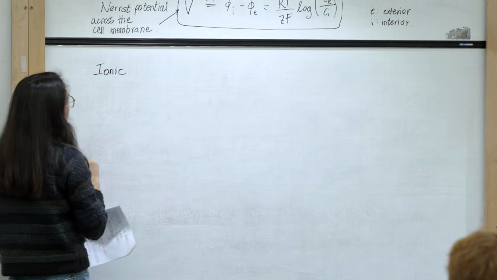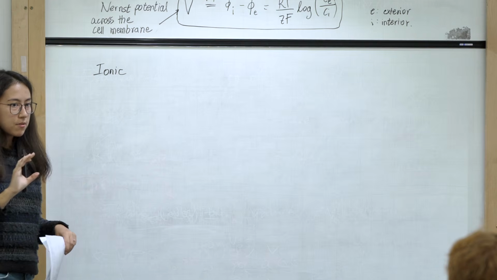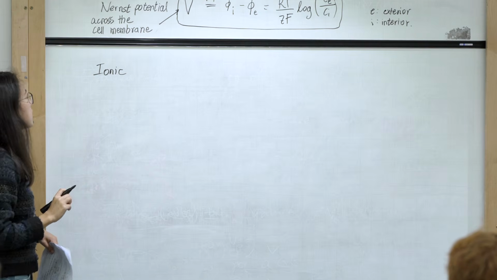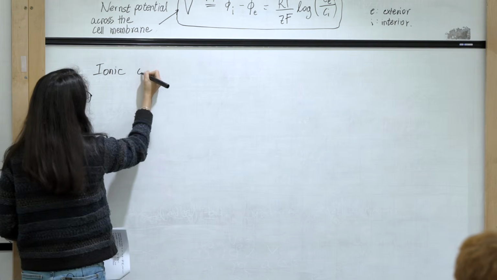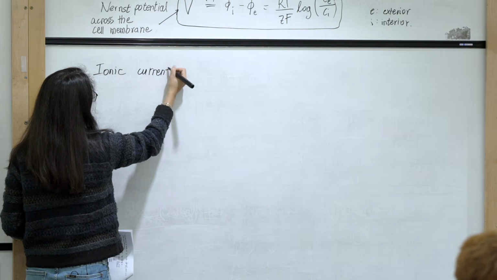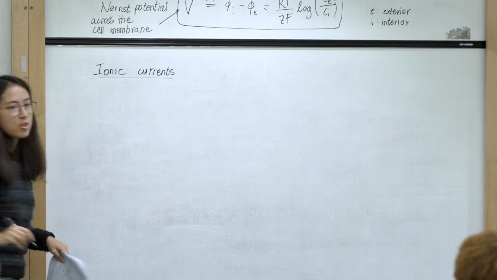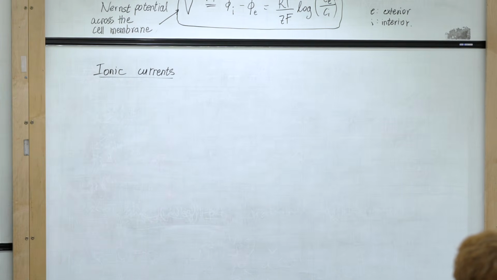OK, so now I will switch a bit. So now that we have defined the Nernst potential, I'm going to consider something related basically to circuits. Again, I'm not going to assume you know circuits, but we're going to talk about concepts like conductance, capacitance, current, voltage, all these things that you have in circuits, right?